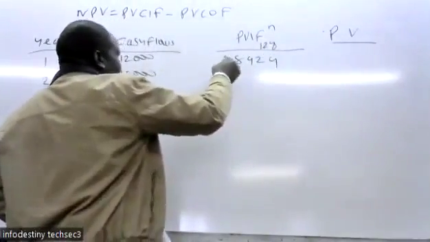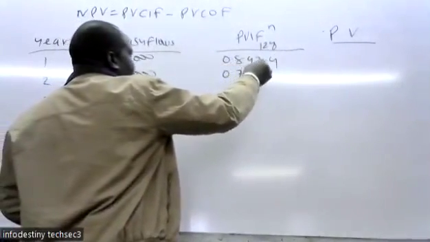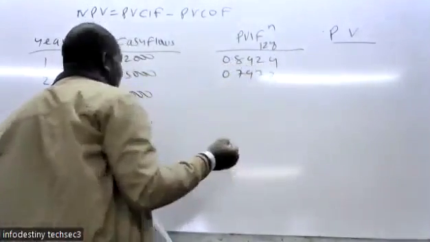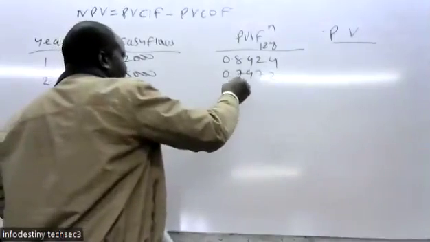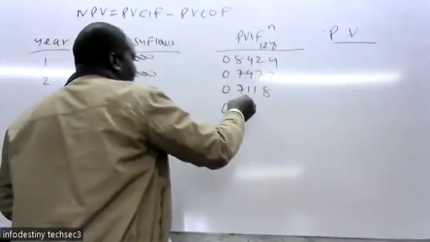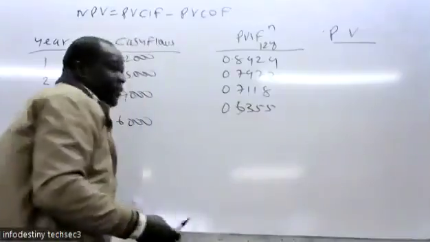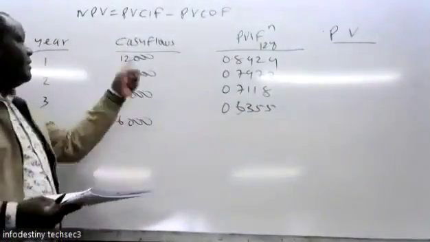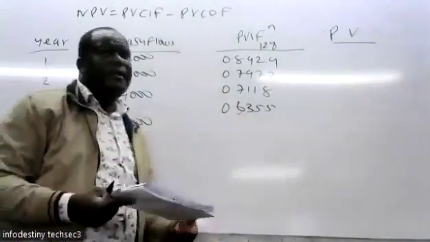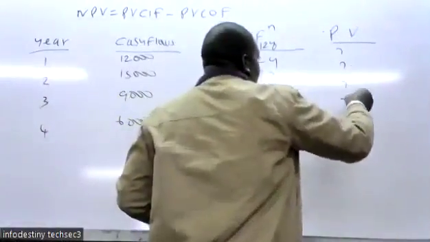Then year 2, it is 0.7972. Then year 3, and finally 0.6355. So multiply this by this, we get the present values.